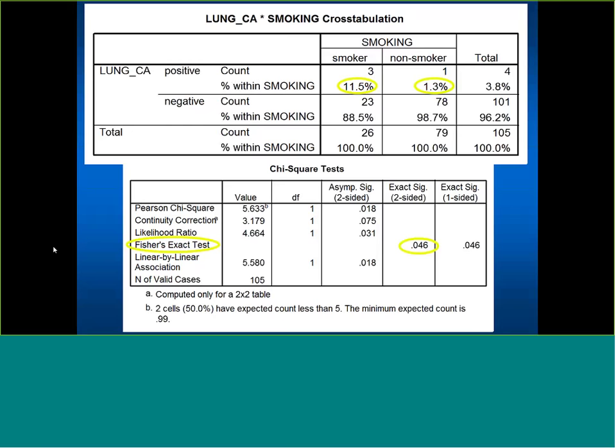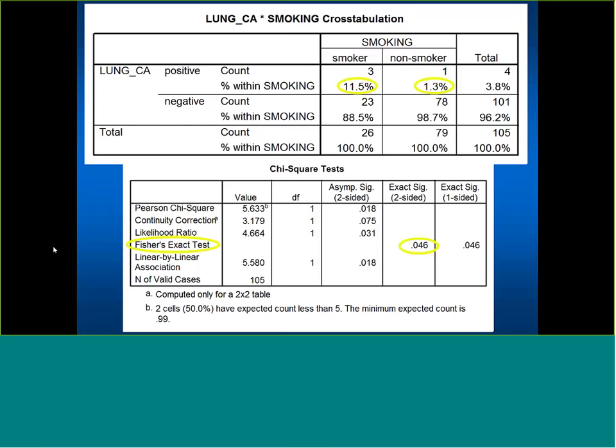So let's say I take my 105 people in the study, and again, I got my 26 smokers and my 79 non-smokers, but now I'm going to look in their charts and see if there's any history of lung cancer. And I find 4 unfortunate souls that have a positive lung cancer. 3 are smokers and 1 is a non-smoker. And so that's 11.5% of my smokers have lung cancer and 1.3% of my non-smokers have lung cancer.